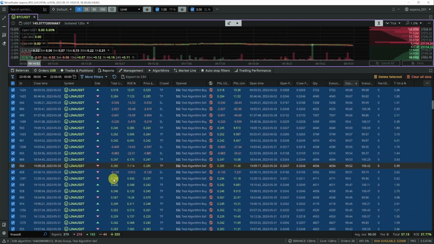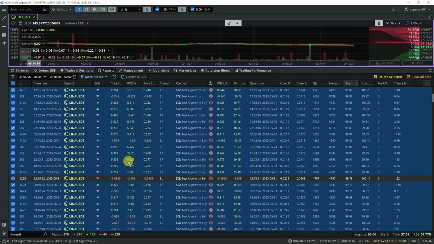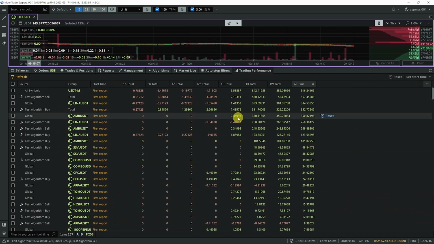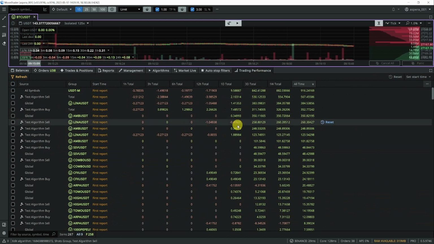If we look at only the selected ones where the order sizes were reasonable, we have a total of 57, which is quite good, but it's nowhere near 380. So based on this trading performance tab, I cannot immediately eliminate any coins. So we'll keep all of these coins.